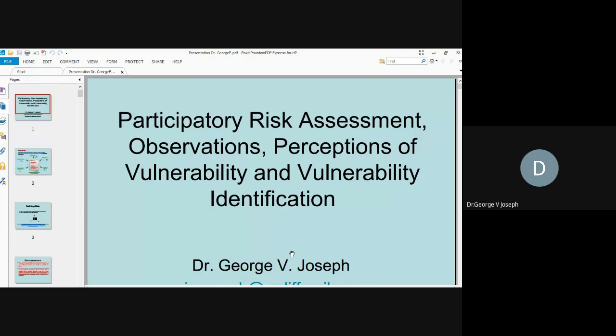Earlier we had one session on risk assessment methods and things like that, and I'm sure you must have gone through the reading materials which have been provided to you. So we will try to cover 4 units today for the next 2 hours.